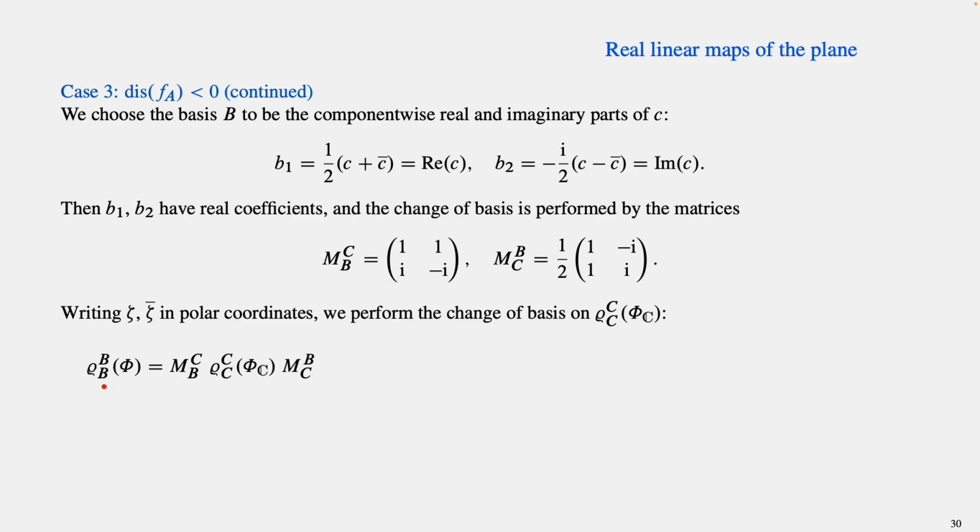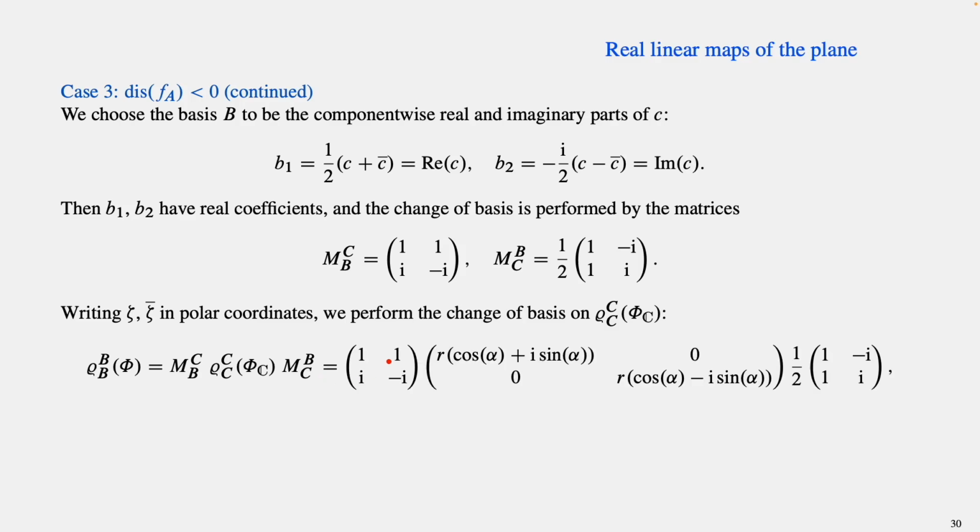And this way we get the representation of phi in the basis B. So this is given by applying the change of basis from C to B to the representation matrix in the basis C, and then applying the change of basis from B to C. So we multiply this matrix by the diagonal matrix where we write zeta, zeta bar in polar coordinates, and then multiply here with the other change of basis. This is a bit of work to do.